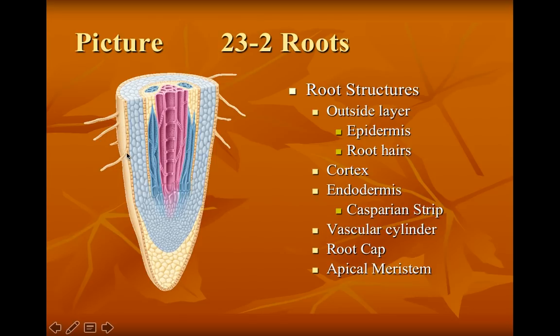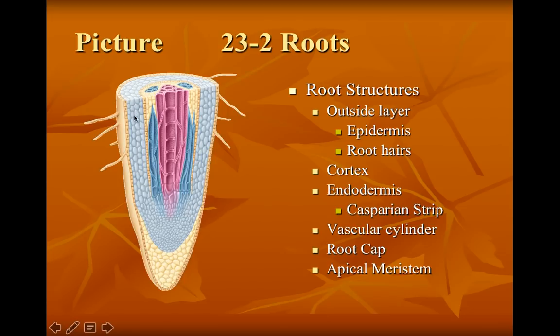Like you can see right here, this has an extension, and like I mentioned in the last set of notes, these are modified to increase surface area and help with absorption. Some of these cells can absorb a lot more because they have a lot more cell membrane surface. Okay, so that's the outer layer.